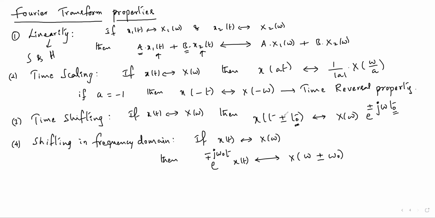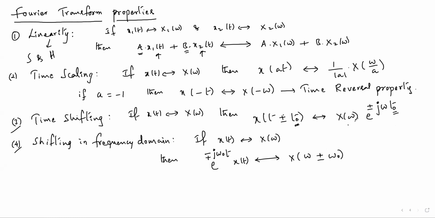Here, observe in the time shifting, plus or minus in time domain. Again, same plus or minus in the frequency domain. Whereas in frequency domain, opposite. For plus omega naught shifting in frequency domain, minus j omega naught should be taken in the time domain. Anyway, one common thing in shifting property, third and fourth properties, what we can observe is a signal shifting in one domain resulting in multiplication of complex exponential in the other domain.